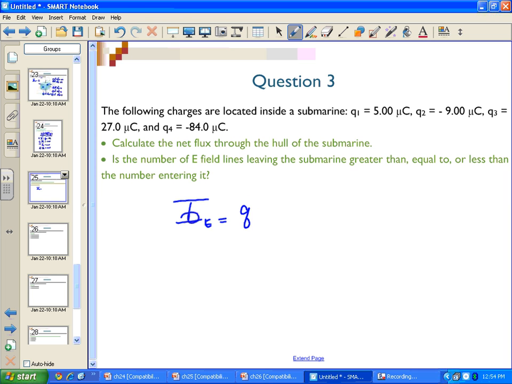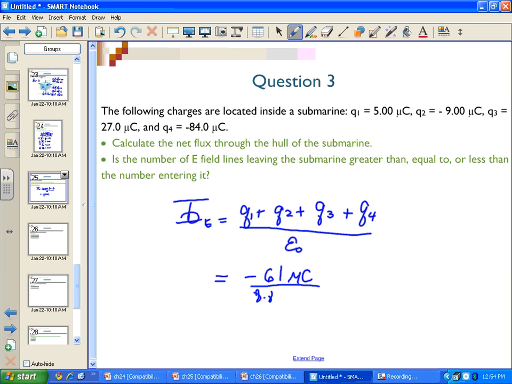Well, the net flux will of course be due to the total or net charge which is inside the submarine. That's the sum of all of the charges that we have just listed. When we substitute the numbers, 5 minus 9 plus 27 minus 84, we get minus 61 microcoulombs divided by 8.85 e to the minus 12.